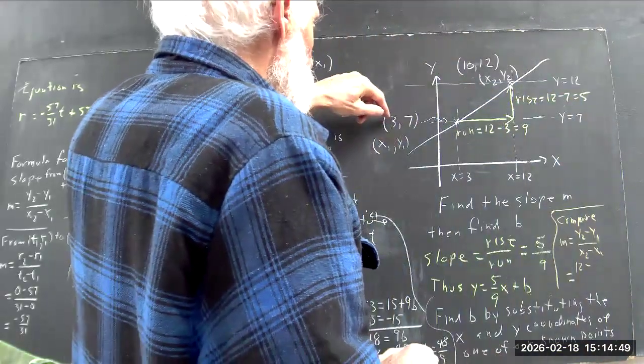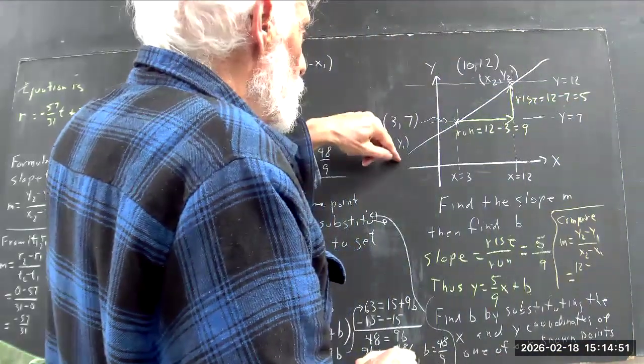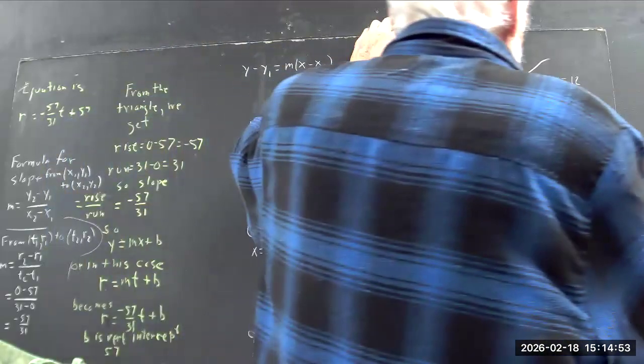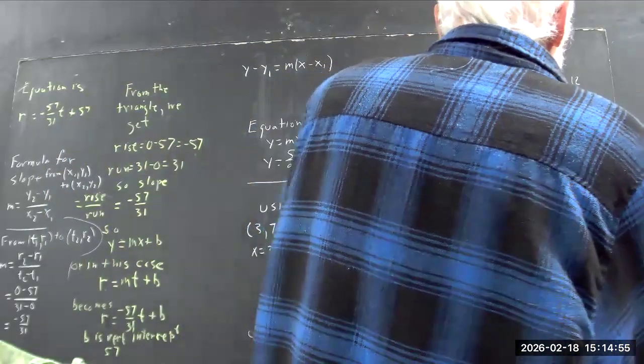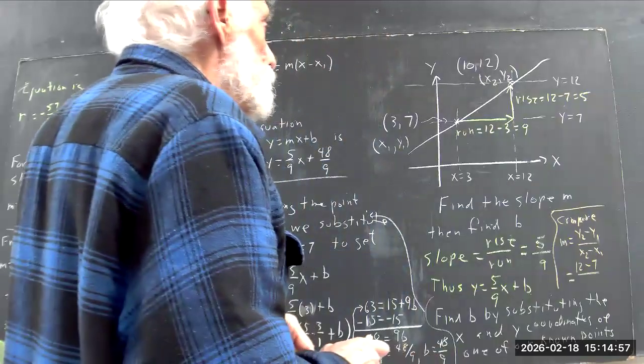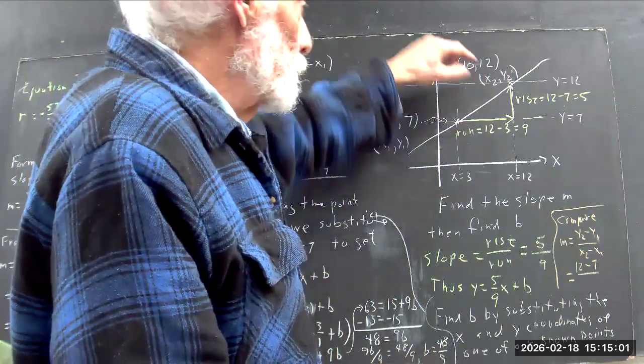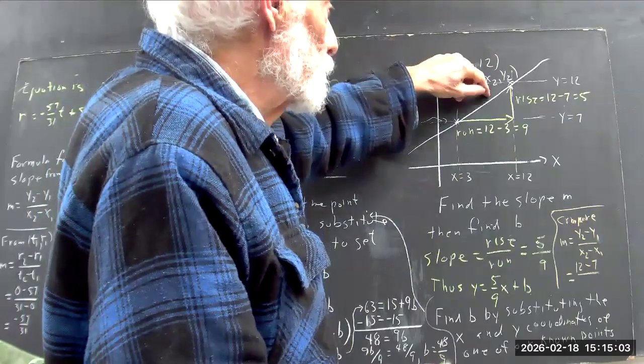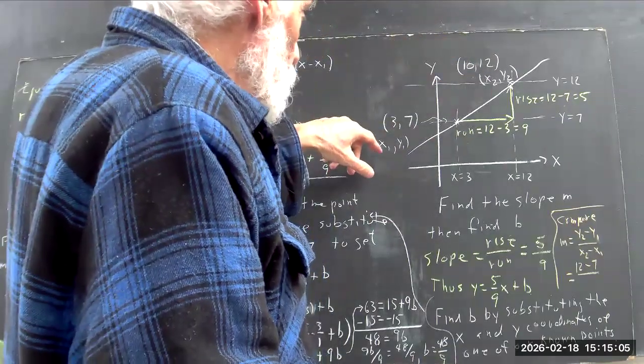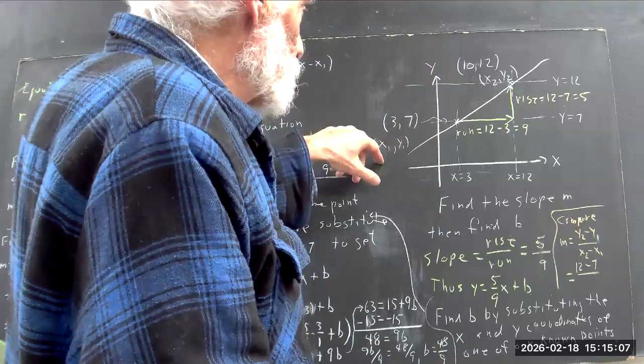And y1, well, the point 3,7 is point 1. Y1 is 7. So we get 12 minus 7. That's your y2 minus y1. And x2 minus x1, well, point 2 is 10,12. X2 is 10. Point 1 is 3,7. X1 is 3.